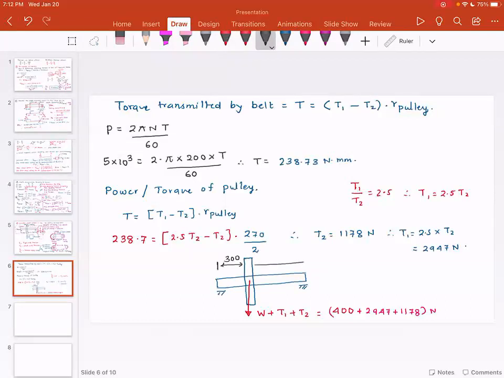This distance is 600. So I can find out the value of RA, and I can find out the value of RB.